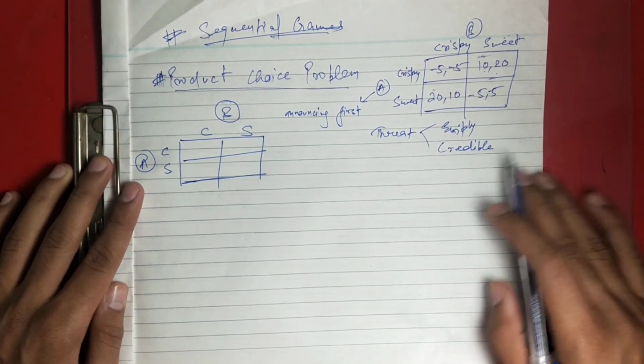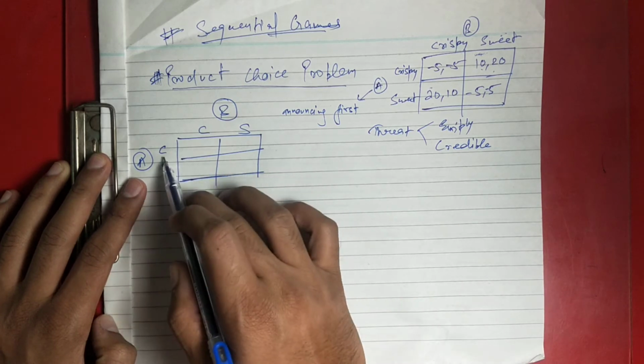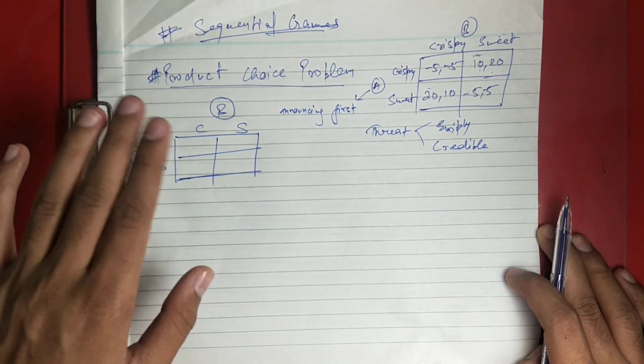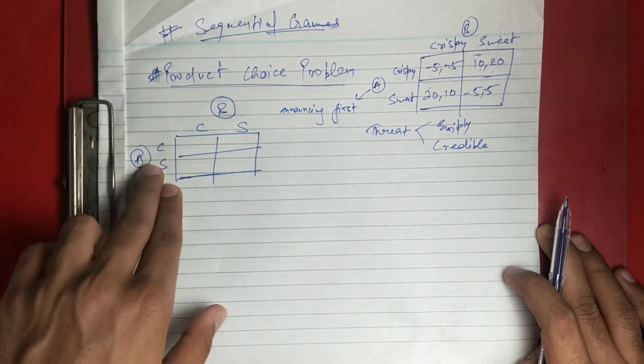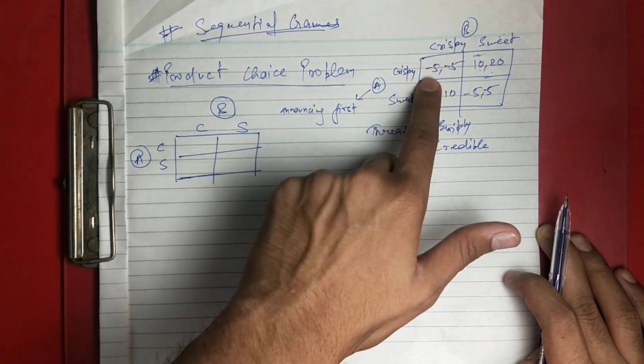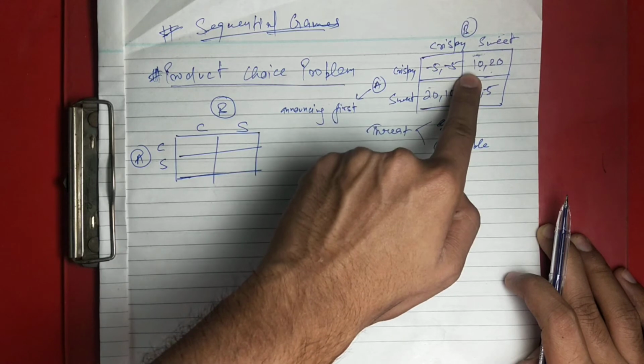Now what A has done is that A may have stopped the production of crispy, because he is announcing that he will be producing sweet. But in the matrix you can see that there is still scope for crispy also.